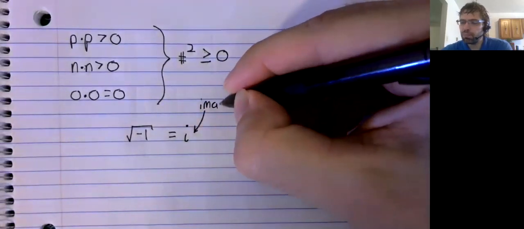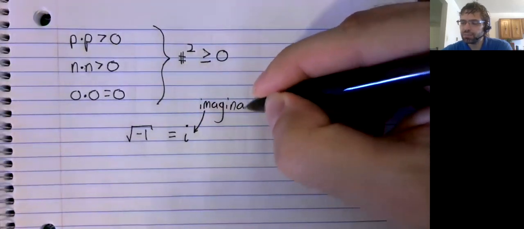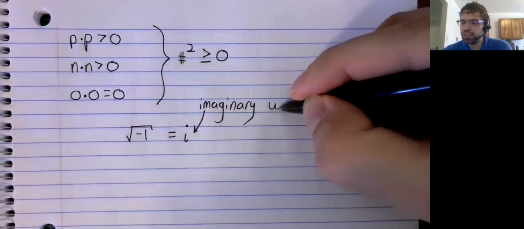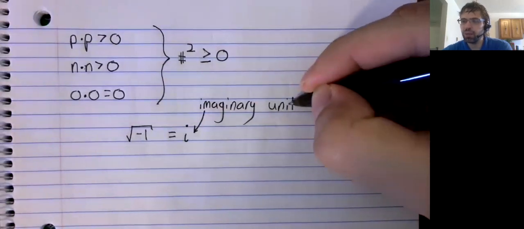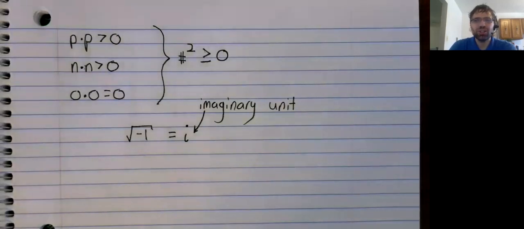That number is denoted i, and it is given the somewhat unfortunate name of the imaginary unit. But in spite of its name, the imaginary unit shows up in non-imaginary applications. It gets used in electrical circuits.